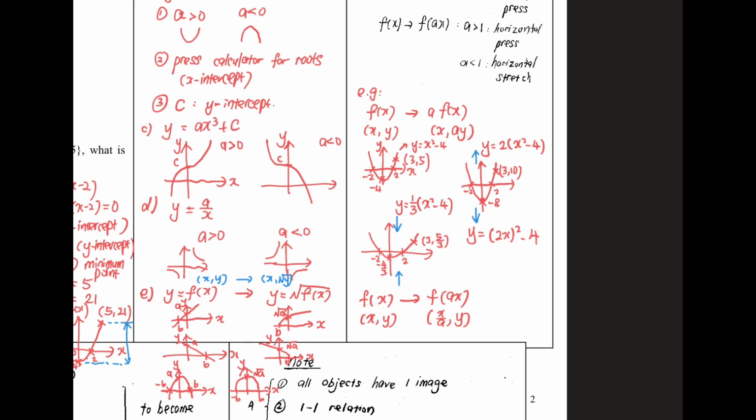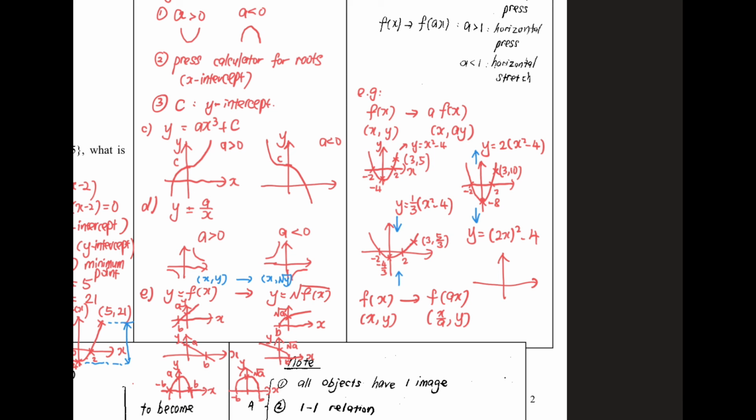Maybe I put the notes here first. If you multiply 2 to the x, I write it down here. When f(x) changes to f(ax), the effect in terms of coordinates is that the coordinate (x, y) will become (x over a, y). So we divide by a for the x coordinate. Now how does the graph look like? It looks like this.